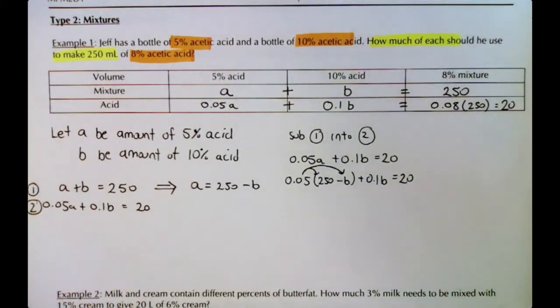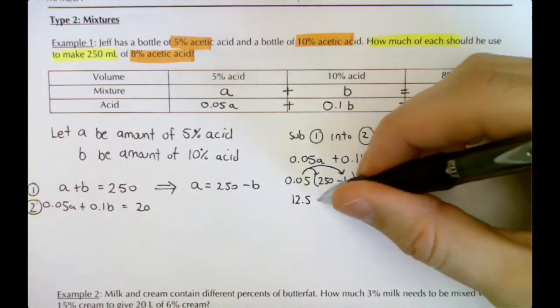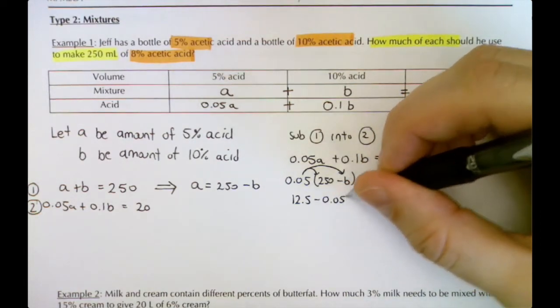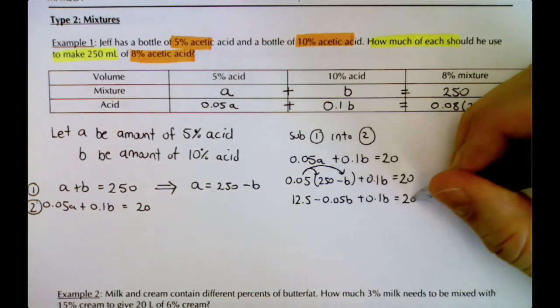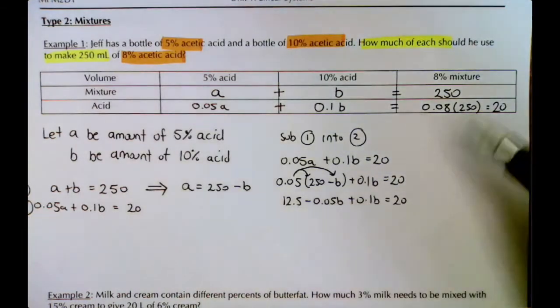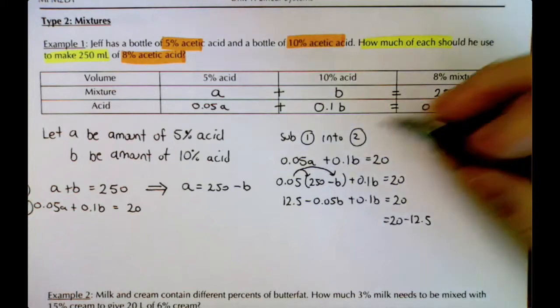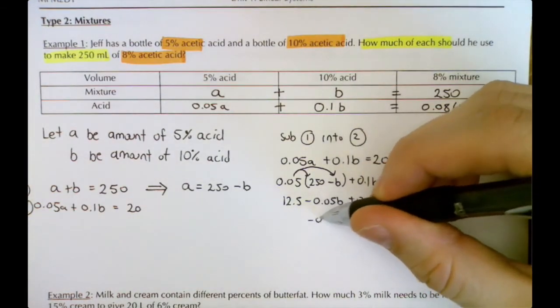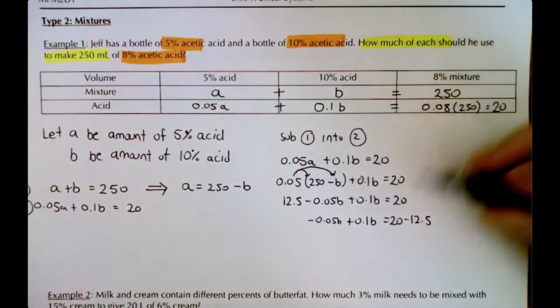Calculator here. 0.05 times 250 is 12.5 minus 0.05B plus 0.1B equals 20. I'm going to collect my like terms, so I'm going to move the 12.5 to the other side. 20 minus 12.5, and we've got negative 0.05B plus 0.1B.